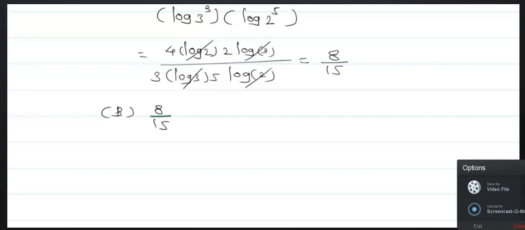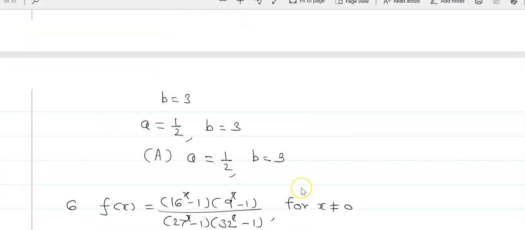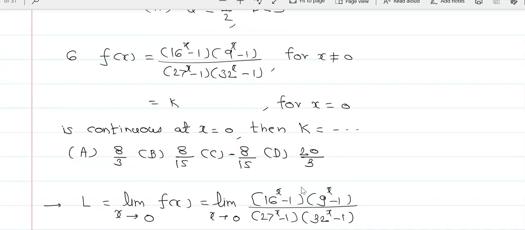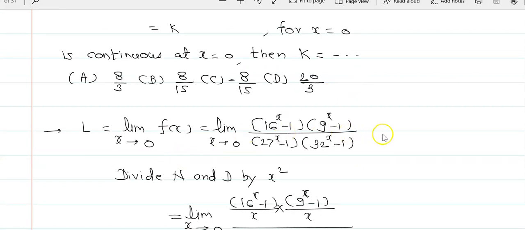Now see this again here. 16 raised to x minus 1, 9 raised to x minus 1 upon 27 raised to x minus 1, 32 raised to x minus 1 is continuous at x equals 0. Divide numerator and denominator by x square.